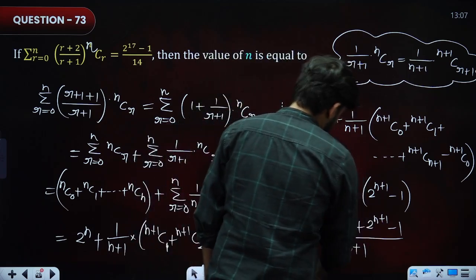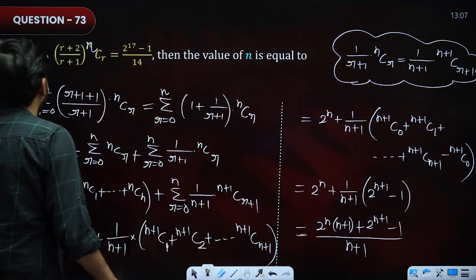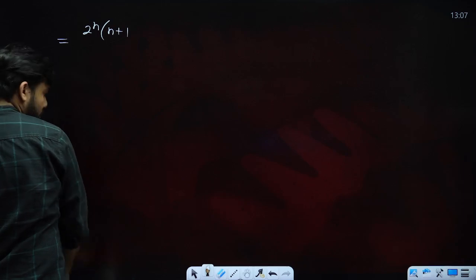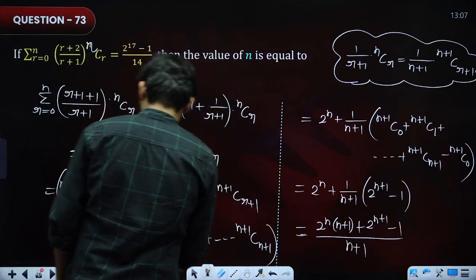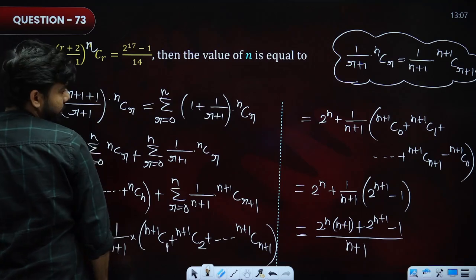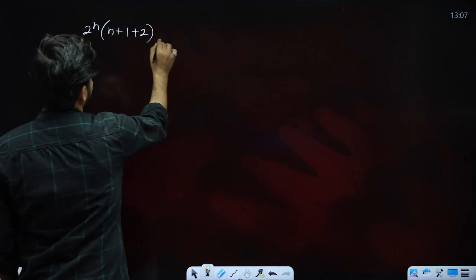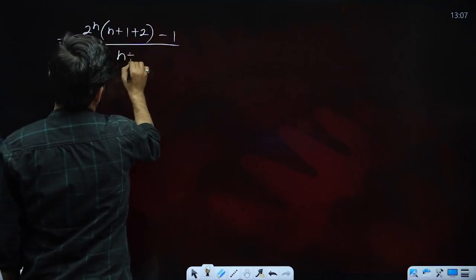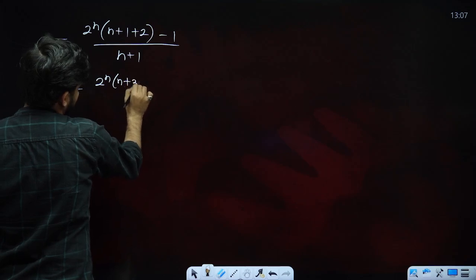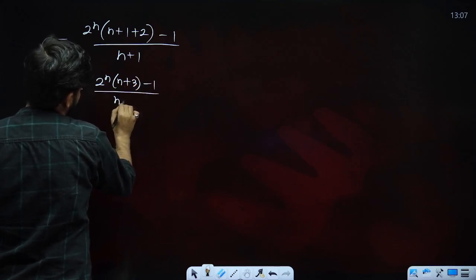We can take 2 raised to n common here. We have n plus 1 over here, n plus 2, then we have minus 1 upon (n plus 1). So finally, we have (2 raised to n into (n plus 3) minus 1) upon (n plus 1).